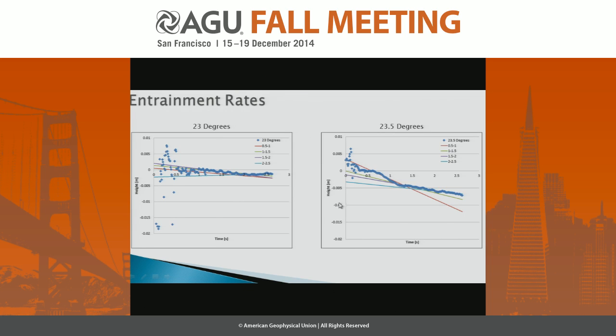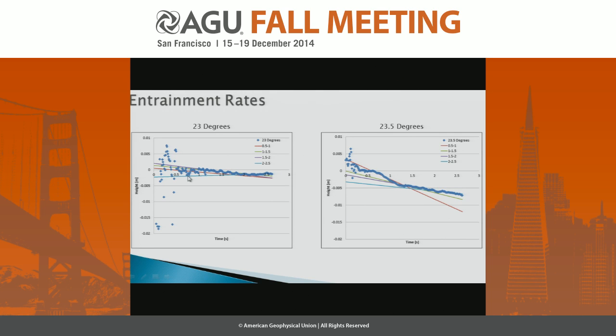And then we did some time averaging. So here each line represents the average slope, so the entrainment rate, over a half-second interval. The red is 0.5 to 1 seconds, and then continue on from there. We ignore 0 seconds to a half second because of the very sparse beginning of the granular flow.